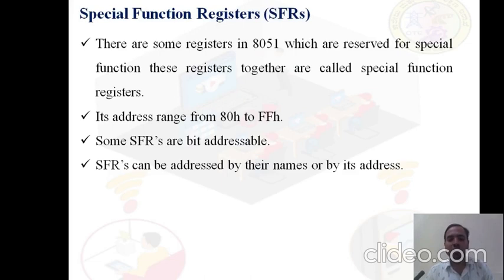We will see each special function register, its working and its bit pattern in the coming sessions. Some of the SFRs are bit addressable and some are byte addressable. SFRs can be addressed by their names or by their addresses.